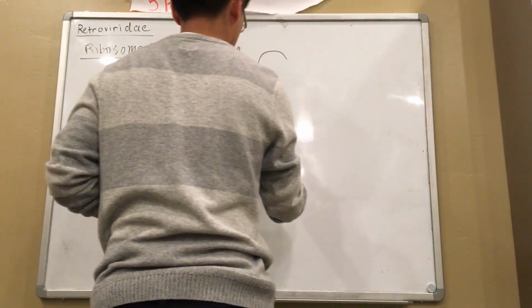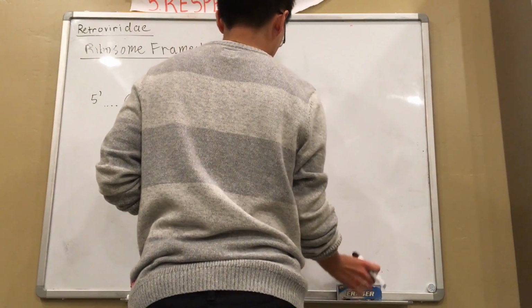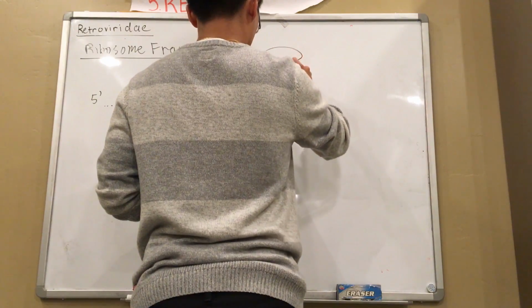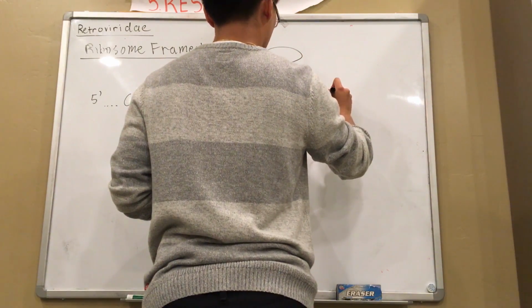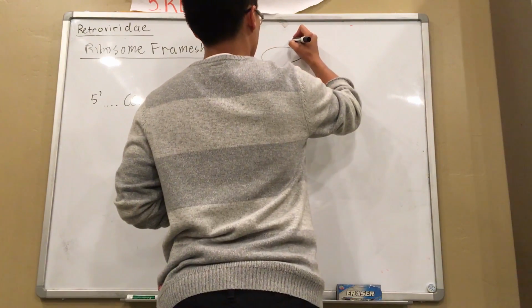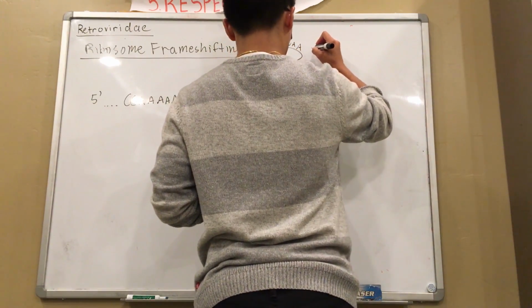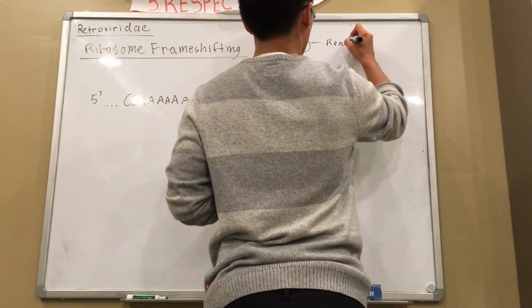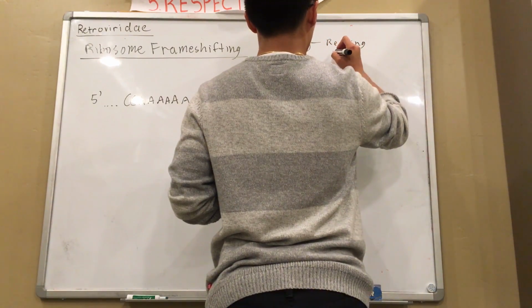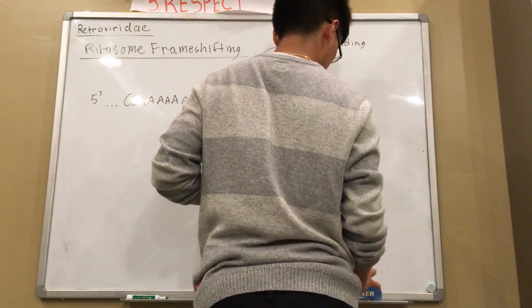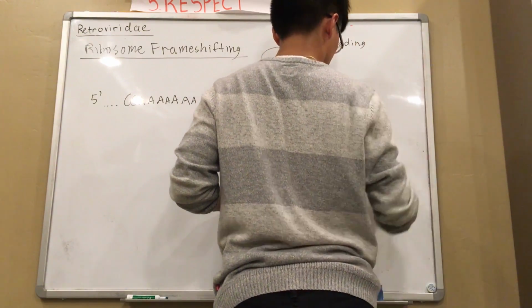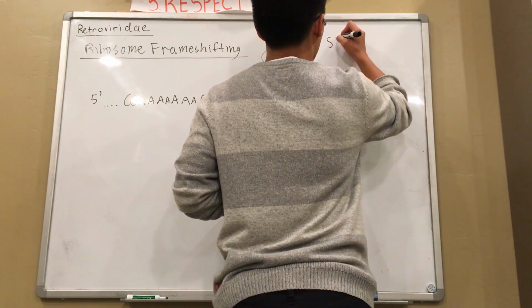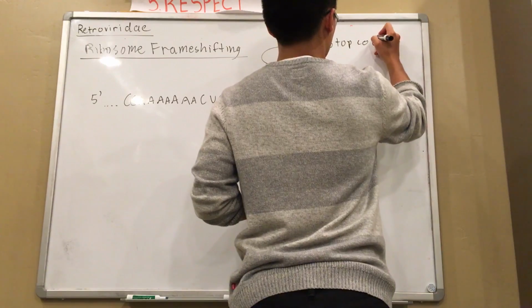You have the stem loop structure. There's a stop codon in the stem loop structure.